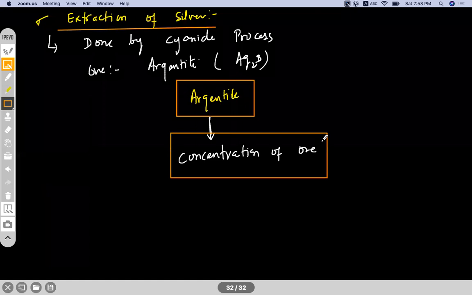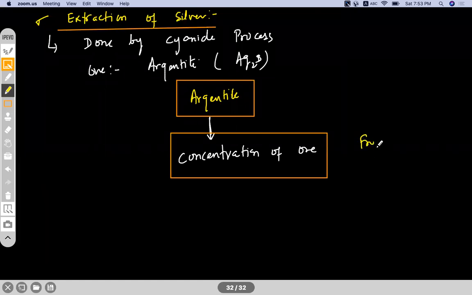Pine oil, we add air. So the froth carrying sulfide particles, Ag2S, will be up, and below will be the impurities.